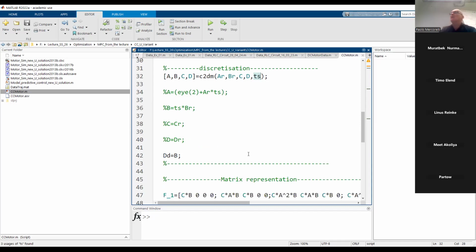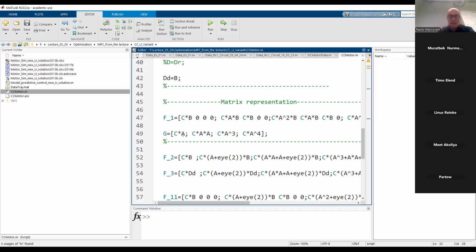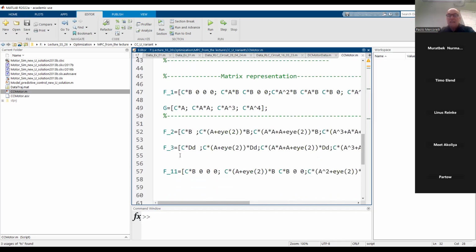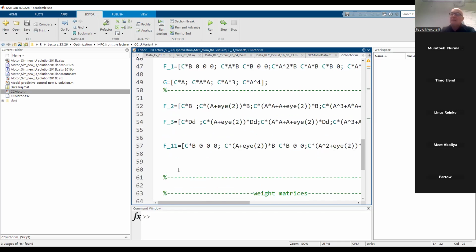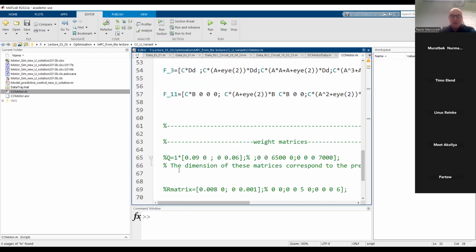I don't really have time because it's a big topic. Anyway, look, I put here the matrix F1, the matrix G. I put also F2, F3, F11, all possible matrices which we have seen in our lecture, because I used just one M file for every variation.